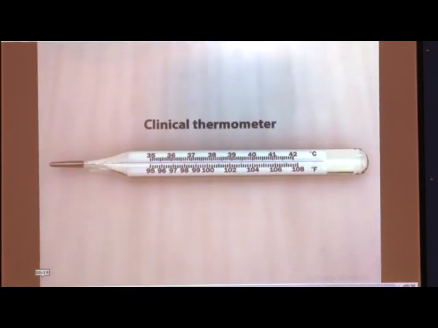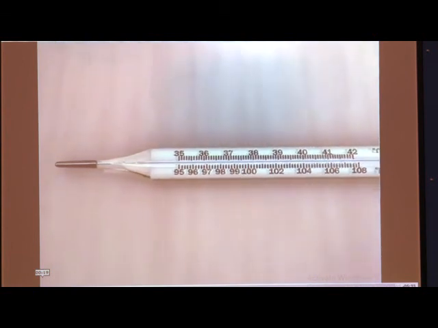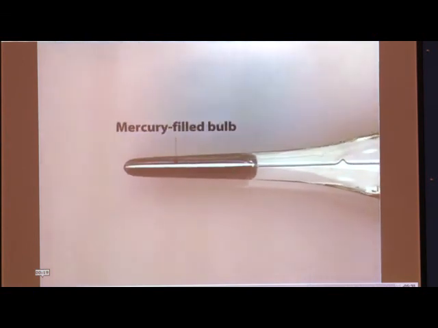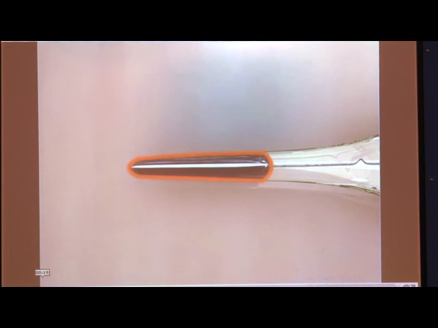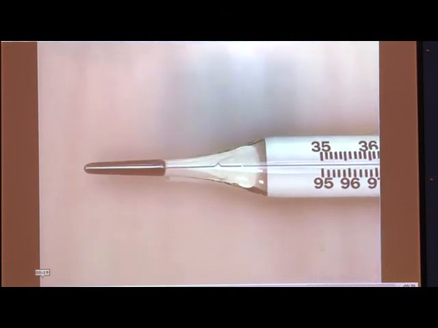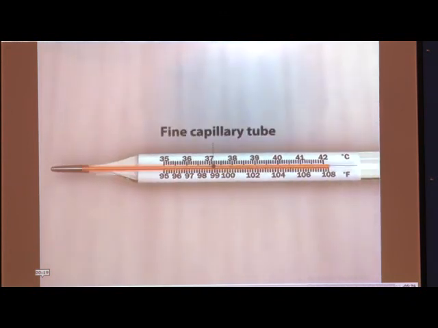A clinical thermometer is usually made of glass and consists of a mercury-filled bulb at one of its ends and a fine capillary tube that looks like a thread running from the bulb to its other end.